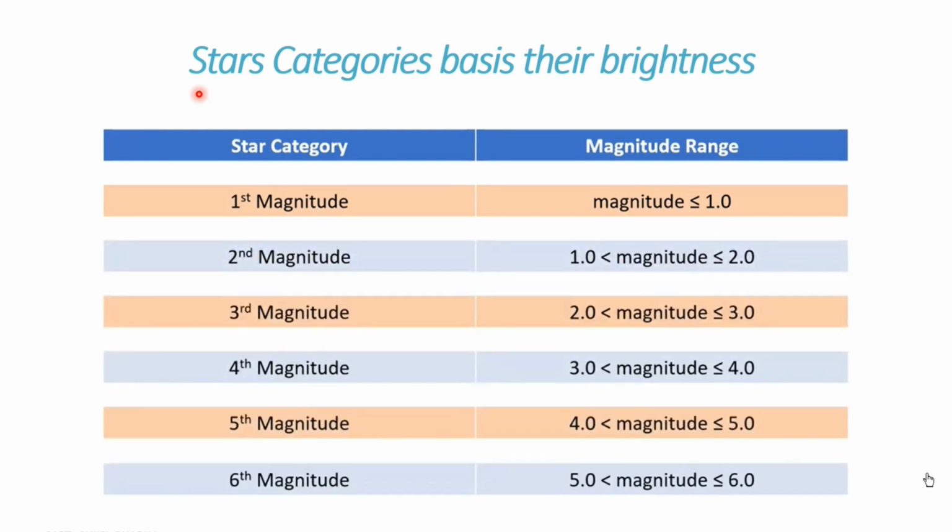All the stars having their magnitude less than or equal to 1.0, that also includes the star in the negative stellar magnitude range. So all the stars having magnitude less than or equal to 1.0 are called as first magnitude stars.